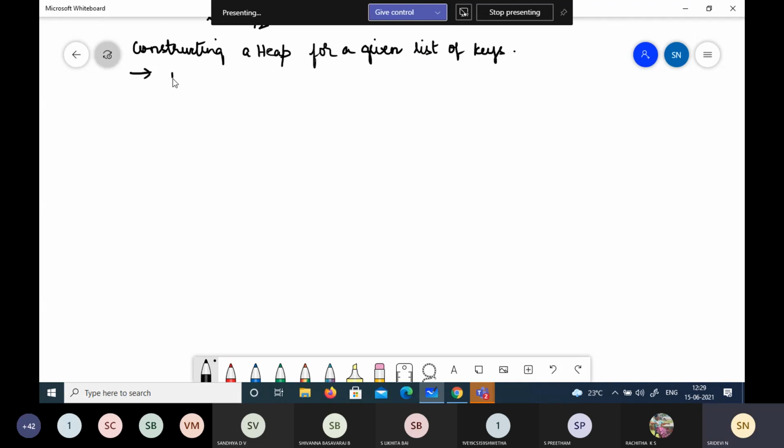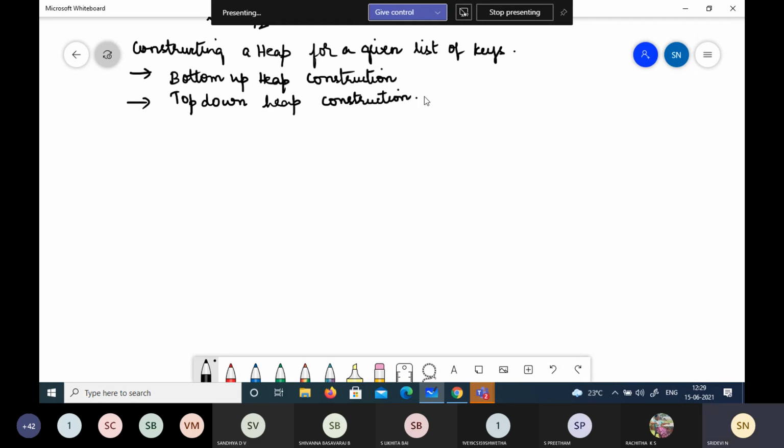So the first method is bottom up heap construction, and the second is top down heap construction. So how many methods do we have to construct a heap? We have two methods, bottom up and top down. So let's move on to bottom up first.